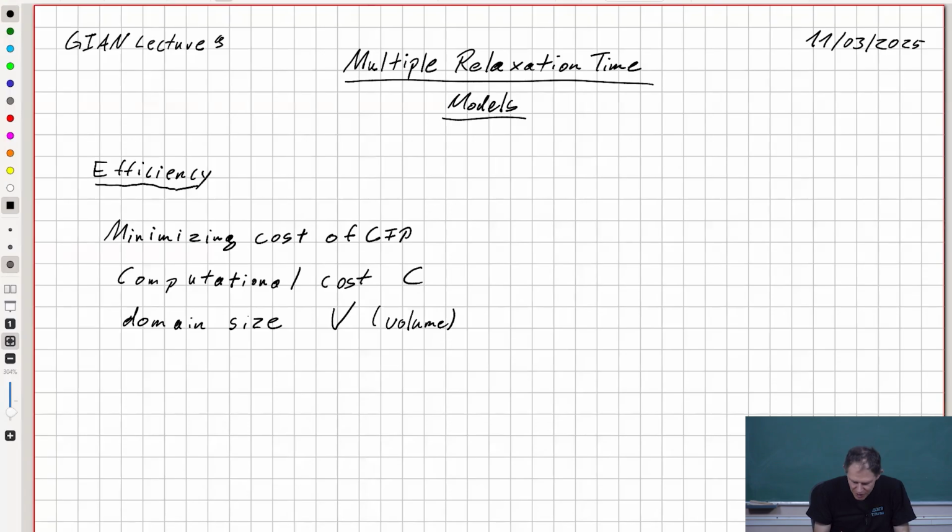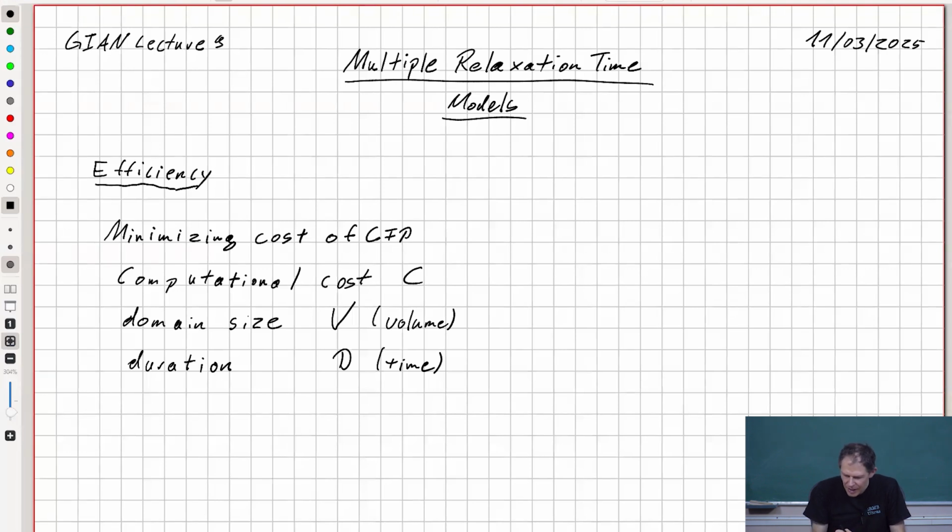This will scale differently. And then we have a duration, D, so this is time, and this is the time that you want to simulate, not the time that you need to do the simulation. For example, you want to simulate a starting turbine, then this will take 0.5 seconds or whatever until it is in a state that you could regard as steady.